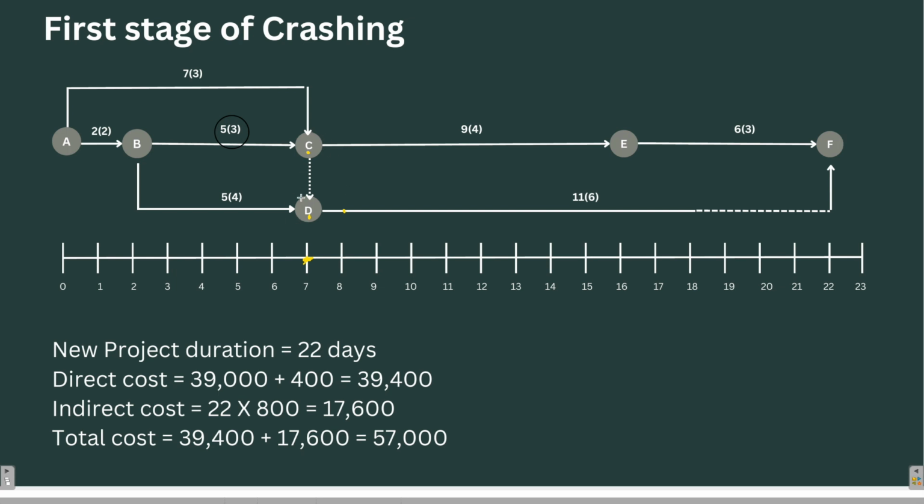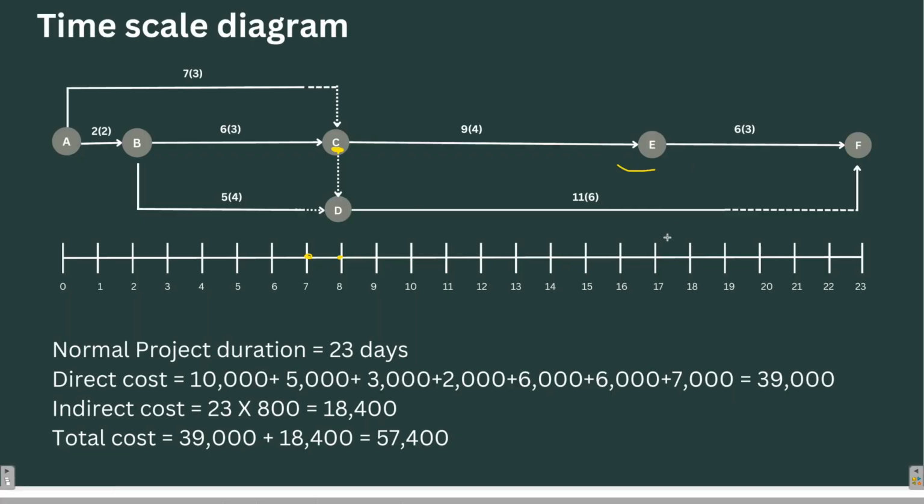Now let's see what happened after the first stage of crashing. The new project duration is only 22 days. So C is getting shifted to 7. Similarly, E, which was earlier starting at the 17th day, will get shifted one place before, that is the 16th day, and F, which was ending on the 23rd day, will end on the 22nd day.